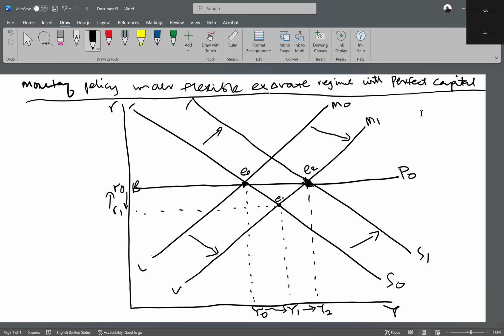Is it that you don't understand? We have looked at monetary and fiscal policies under fixed exchange rate regime with perfect capital mobility. So why this question?